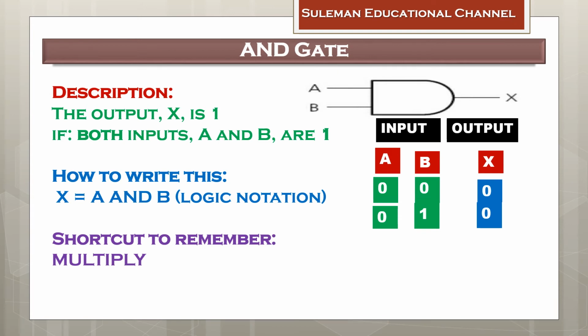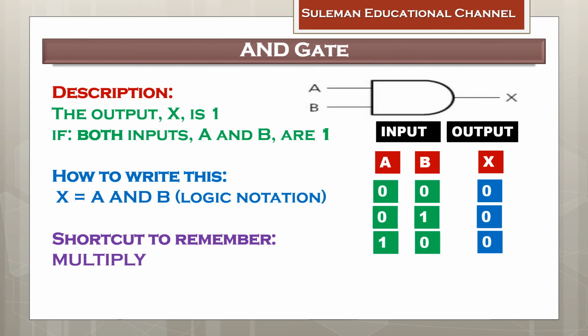If A equals to 1 and B is 0, then again X will be 0. That is 1 into 0 is equal to 0. If A equals to 1 and B is 1, then X will also be 1 because 1 into 1 equals to 1. In short, multiplication of A and B is a shortcut key for AND gate.